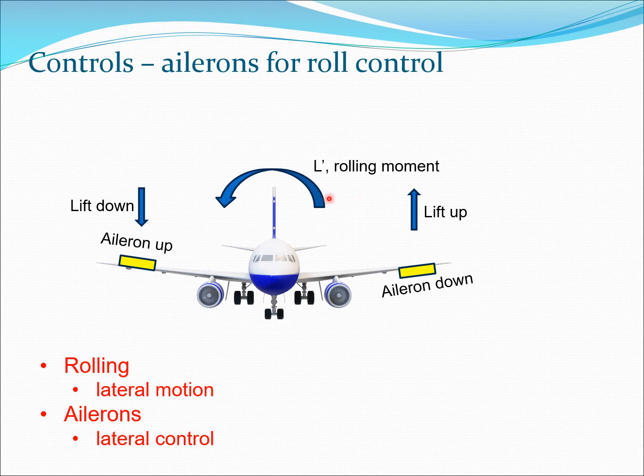So essentially the two control surfaces here are moved in a differential manner. One goes down, one goes up, and the result is that a rolling moment is created, and this can be used for lateral control of the aircraft. So remember always, rolling moment is related to lateral motion, and the ailerons are the control surface which are used for lateral control.